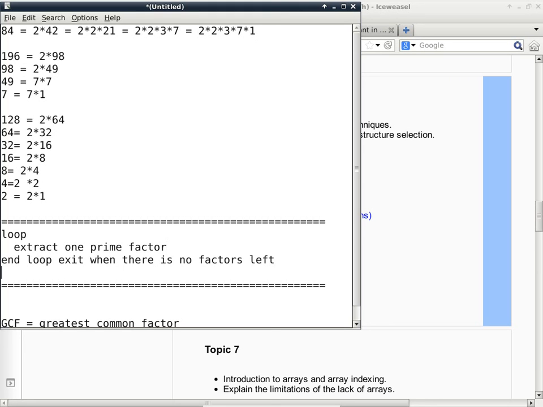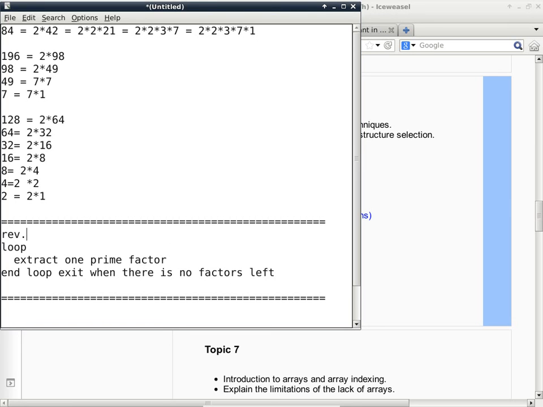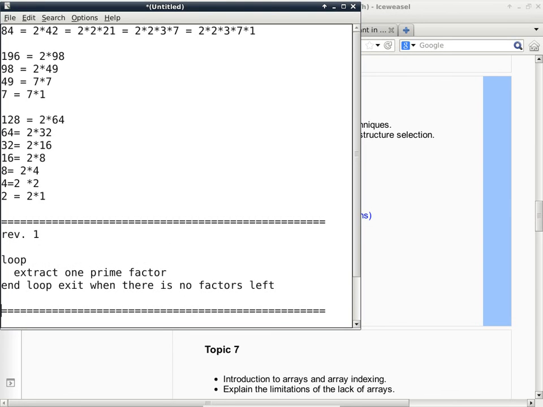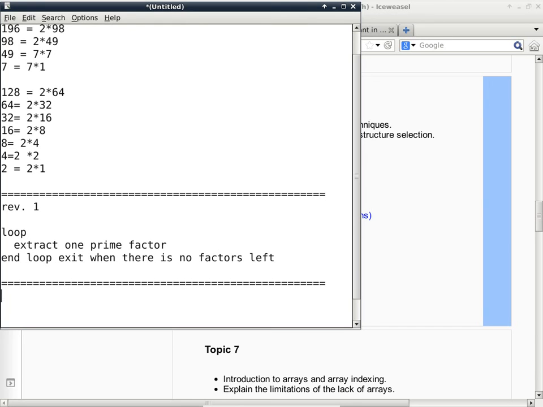Now, obviously, if you look at this revision, I'll call this revision 1, it is not very helpful. If you type it into any programming language, no program can recognize and figure out how to do this.